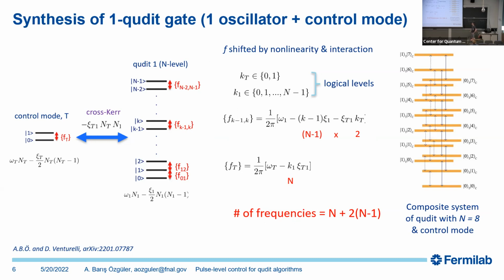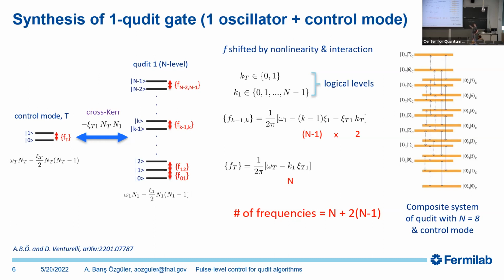So this is for a single Qudit, and it's also useful to write all these frequencies in a one-dimensional manner, from smaller to larger. We show here that we have different arrows. The dashed arrow is where the cavity changes its number by 1 and the transmon stays the same, or the opposite.